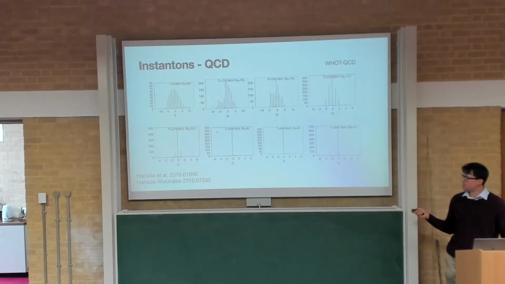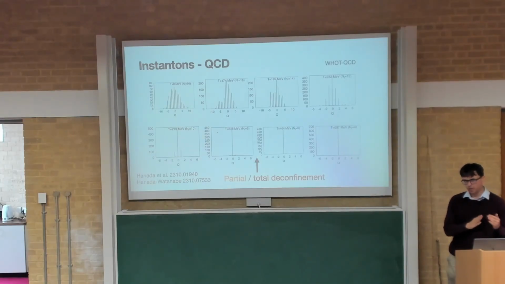They tested it by examining the topological charge distribution as you change temperature. And they found indeed agreement with where they expect the partially deconfined phase to begin and the crossover of the quark-gluon plasma to begin. They also find that these topological objects are condensing.